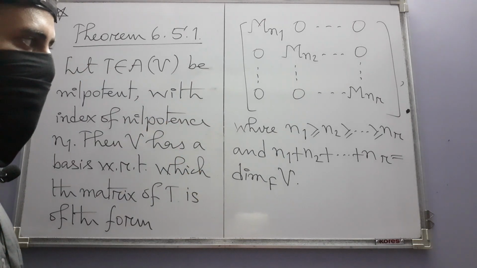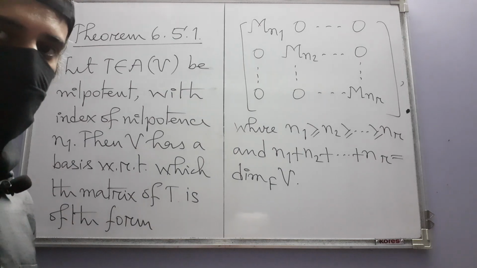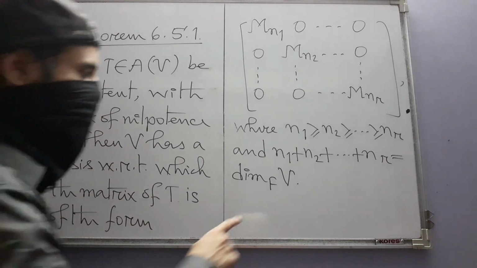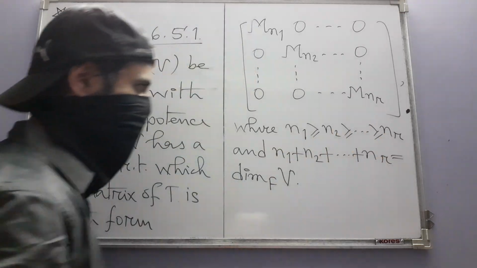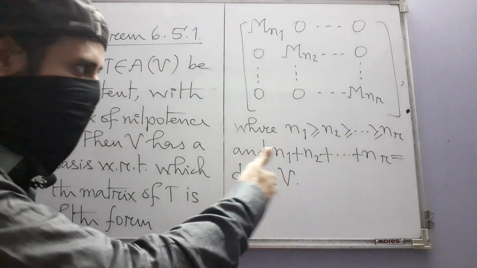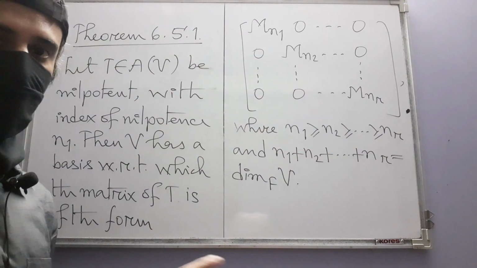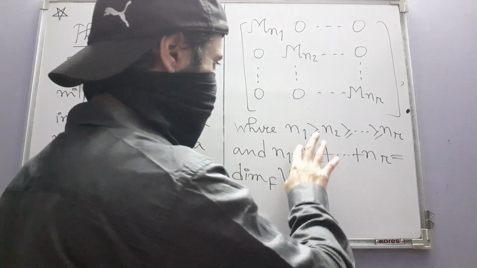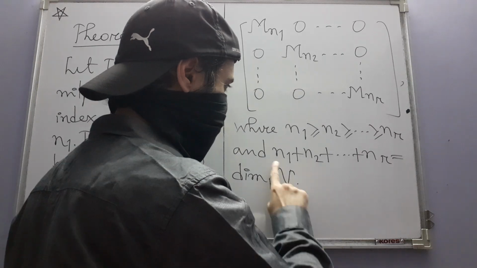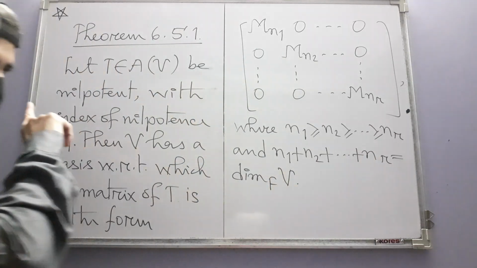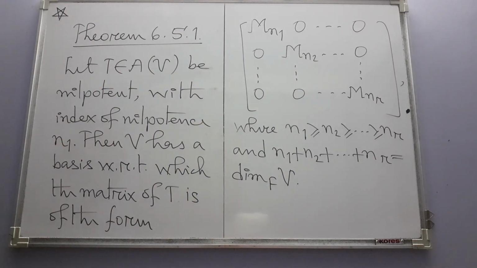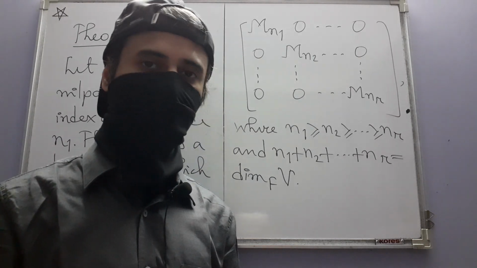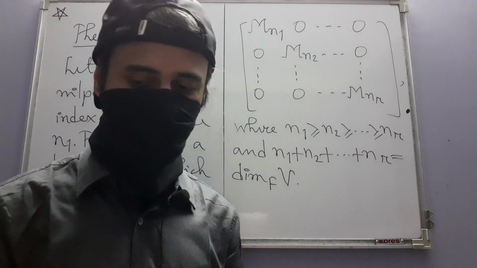The only thing that can change depending on what T actually is are these n1, n2, these numbers, and their number is r. However, whatever these numbers are, their sum should be the dimension of the original vector space. Okay, so we will see the proof in the next linear algebra video.